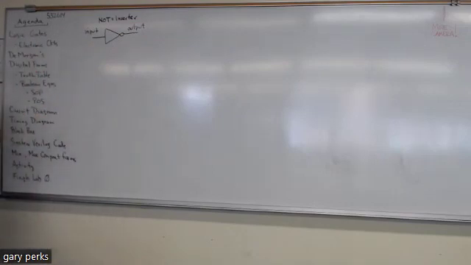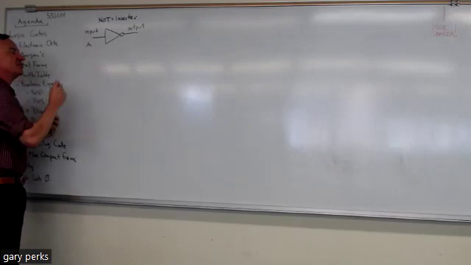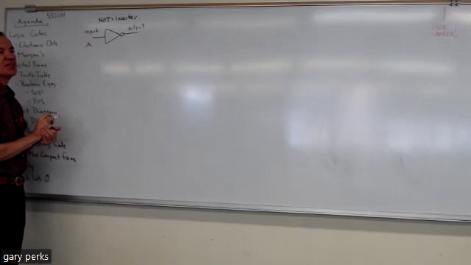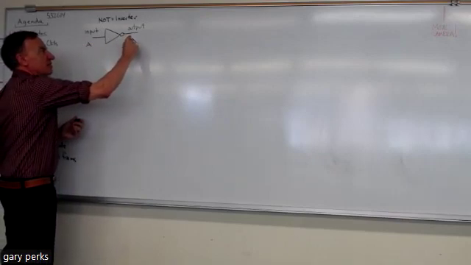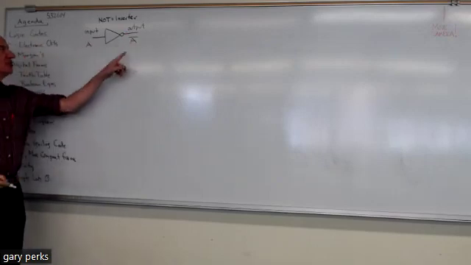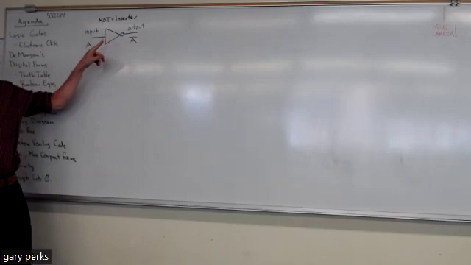Often with logic symbols, we'll identify inputs and outputs with variables. For example, we could use the variable A for the input. If we did use A for the input of the NOT gate, the output would be shown with the same variable as the input, but with a bar over it.